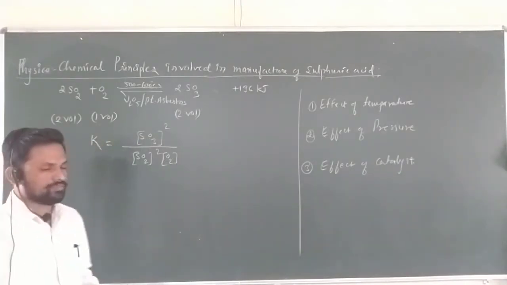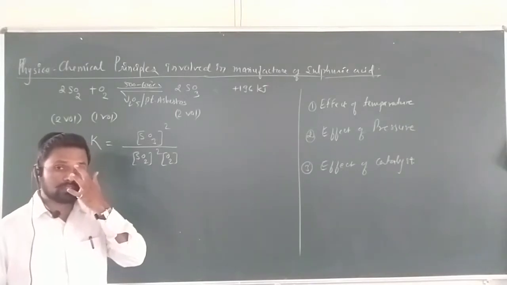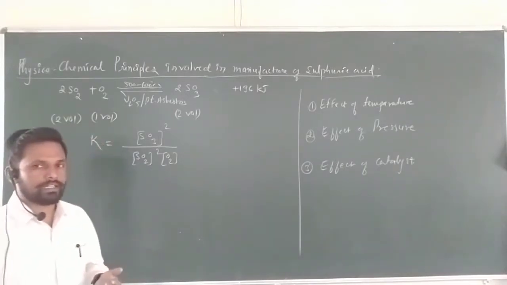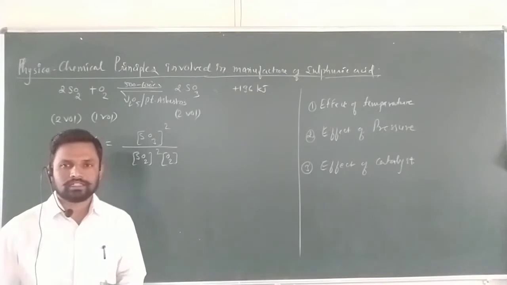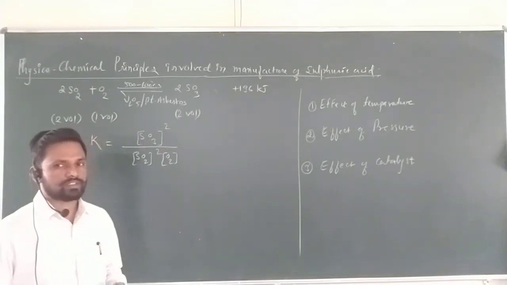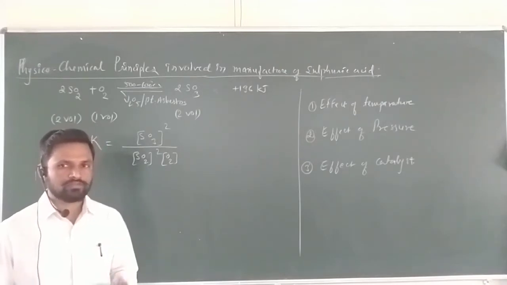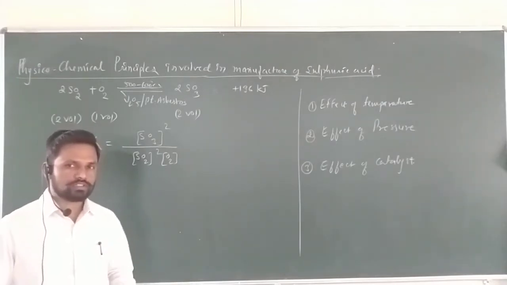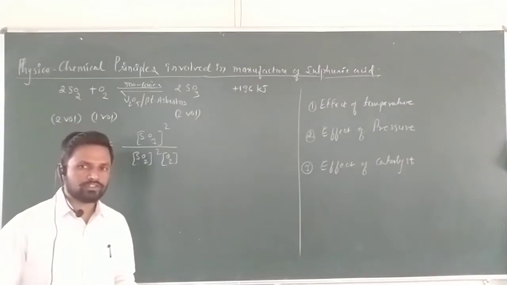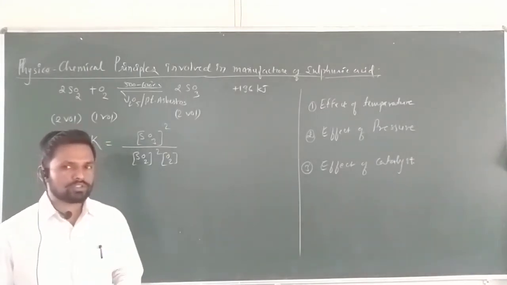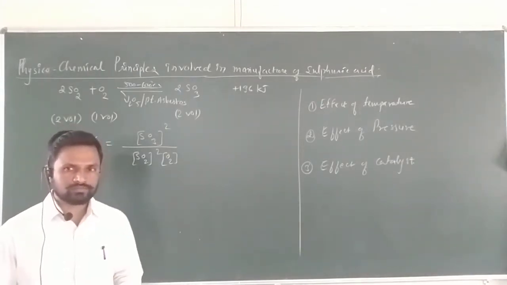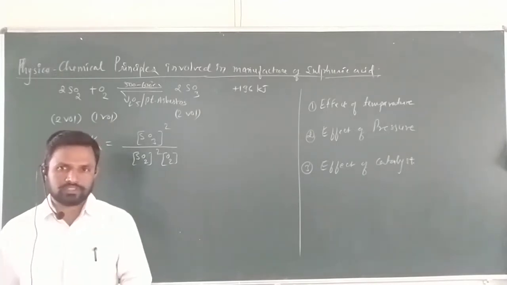In the last lecture, we studied the flow sheet of manufacture of sulfuric acid by the contact process. The detailed flow sheet explanation we studied. It involves raw materials, purifying unit, testing box, converter, and finally the absorption unit.